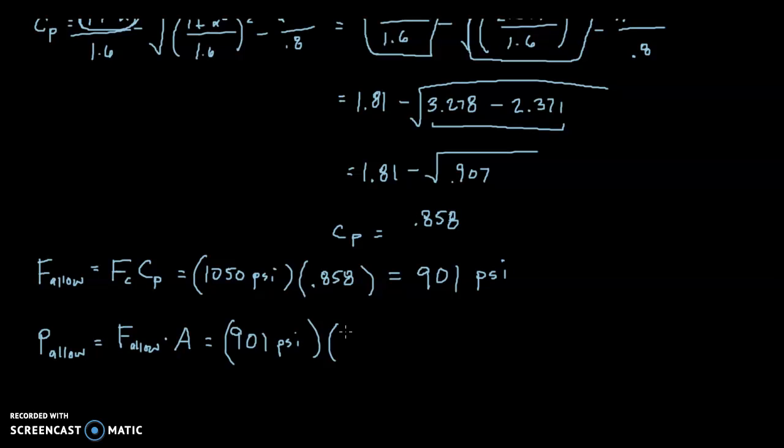So looking up an 8 by 10 in the appendix of our book shows that we have an area of 71.3 square inches. And so that gives us an allowable load of 64,200, if I round that to 3 significant figures. And that would be in pounds. So that would be 64.2 kips.